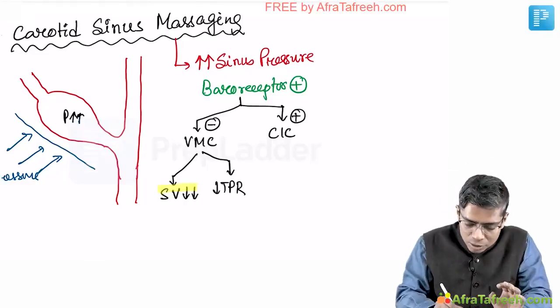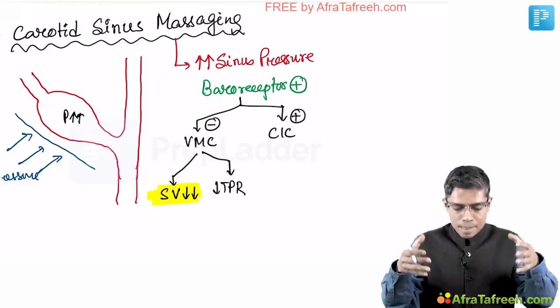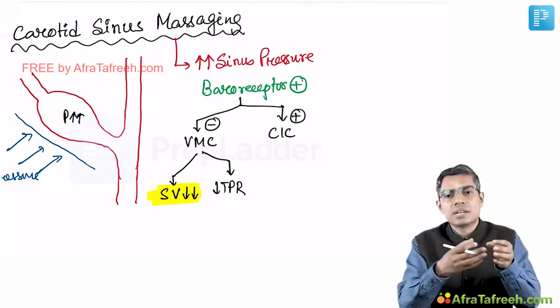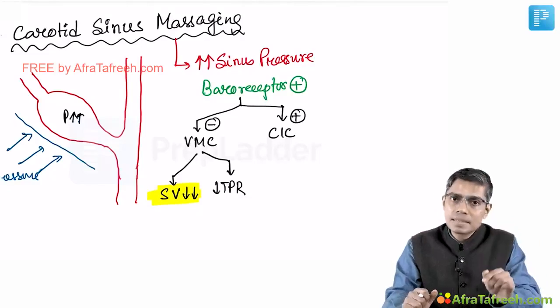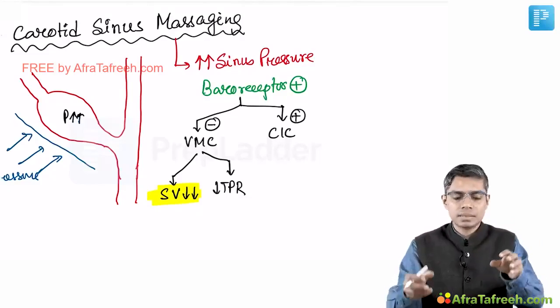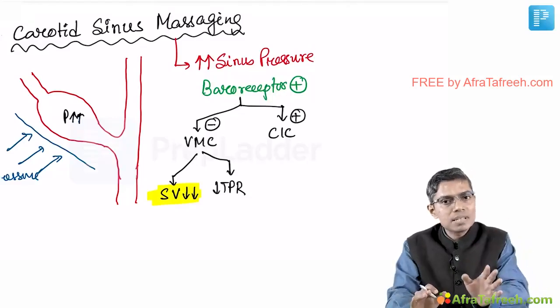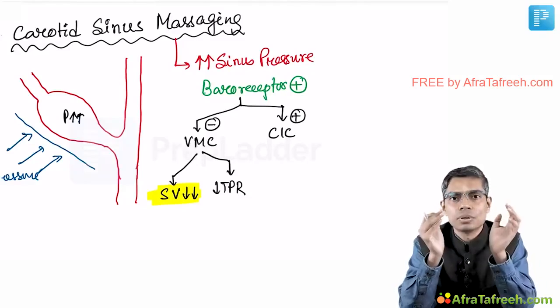Please remember, sympathetic and parasympathetic. Sympathetic has its main effect on contractility of the heart because the sympathetic system supplies the ventricular muscle mainly rather than the SA node, AV node or atrial muscles. On the other hand, parasympathetic mainly supplies the SA node, AV node region. That's why parasympathetic is mainly for the control of the SA node, AV node, meaning heart rate will be controlled.